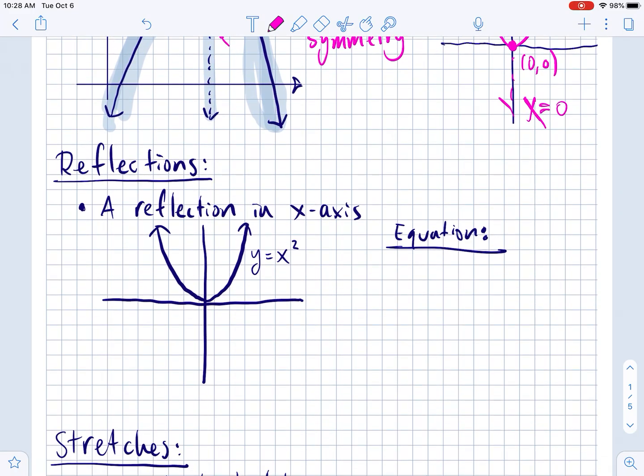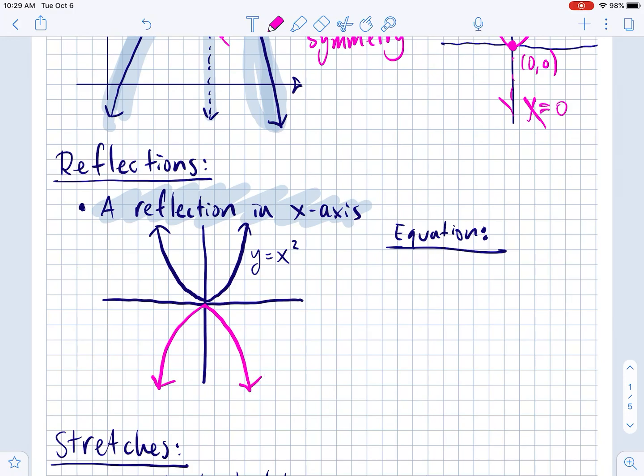A reflection in the x-axis is going to be our first transformation. I'm going to draw that in pink. For the reflection in the x-axis, think of it as folding itself over the x-axis, just folding it in half vertically. So it would look something like this.